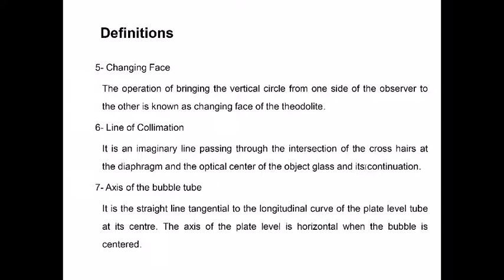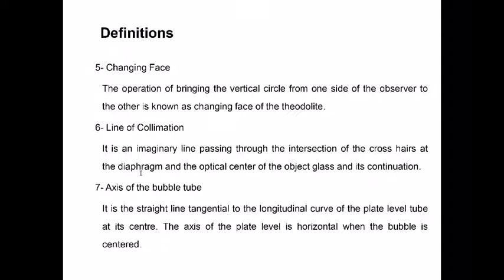So the changing face, like we discussed, means bringing the vertical circle from one side of the observer to the other. Then we have the line of collimation. Like we discussed in the case of the water level, it is an imaginary line that passes through the intersection of crosshairs at the diaphragm.